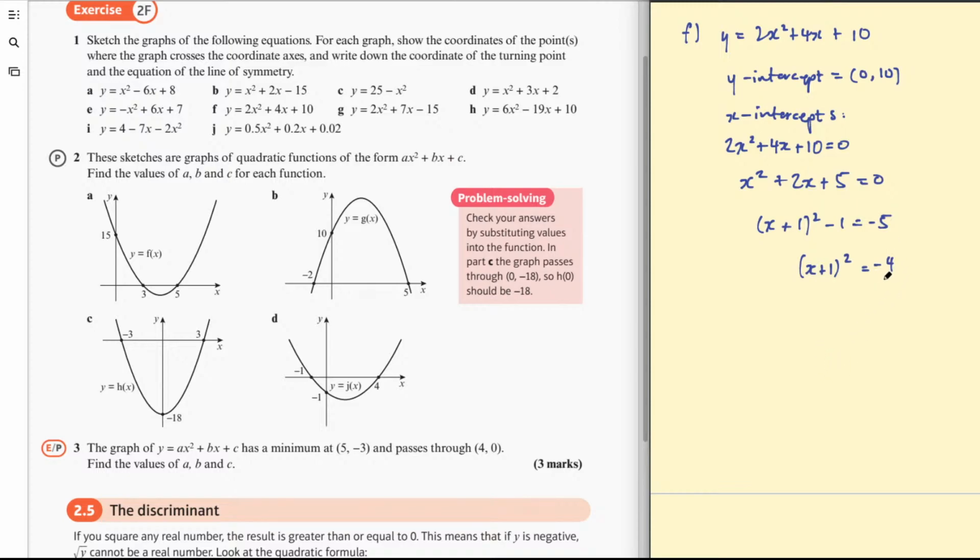And hopefully you notice here we have a squared expression equal to a negative. This means there are no real solutions for x.